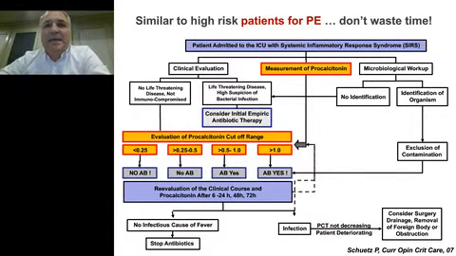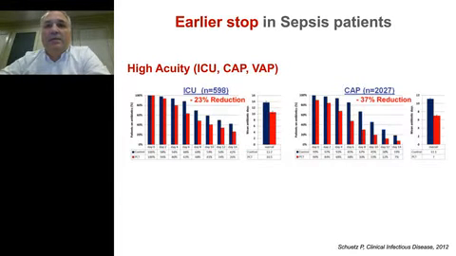And so you see the same results now for the higher risk patients. Again, in blue is the control group, and in red is the PCT group. And you can see on the left side that for ICU patients with sepsis, all patients are being treated on admission to the ICU, but the effect of PCT-guided care is really a reduction in exposure to antibiotics by about 25% by early stop of treatment.